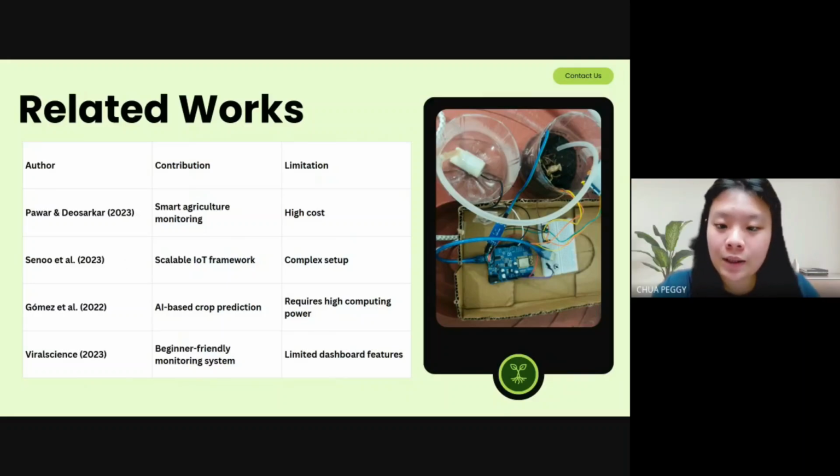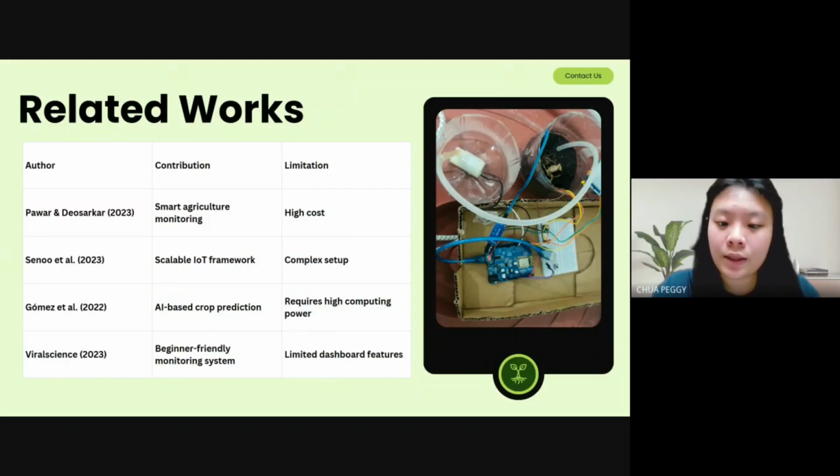Para and Disaka developed an IoT monitoring system that improved agricultural productivity and water management, but it required expensive infrastructure. Sono and colleagues proposed a scalable IoT framework.